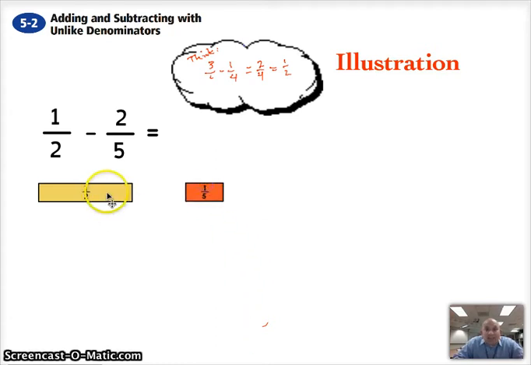One represents 1/2, the other represents 1/5. How do we subtract 1/5 from 1/2? How do we take a chunk that size away from 1/2 and understand what that fraction is? Well, what we're going to do is look for a common denominator. In fact, we're going to look at tenths.